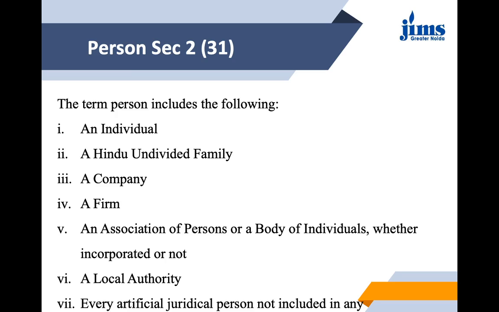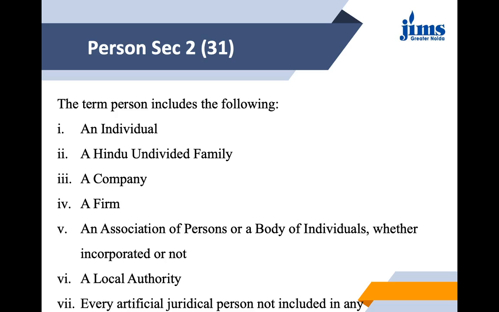The first 4 you had an idea about. If I say the partnership firm of Rakesh and Mahesh, you would say that ma'am, it will fall in category 4 because it is a firm. If I talk about the Karta, Mr. Ramesh, and his business, you will say that it will fall under category 2, the Hindu undivided family.